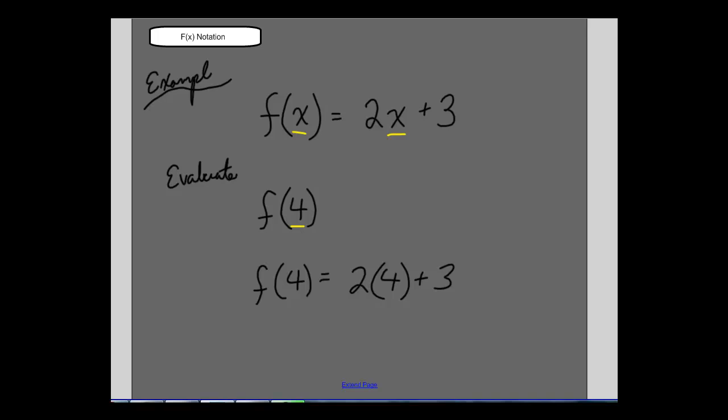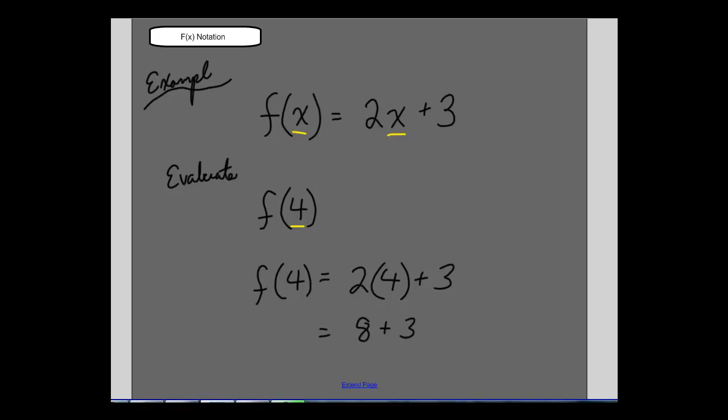So therefore f of 4 is equal to 2 times (4) plus 3. So all I did is substitute the x out with the 4, and notice that I put it in parentheses. This will allow me to keep my order of operations in line and do this in the correct format. So my tip is always put it in parentheses.